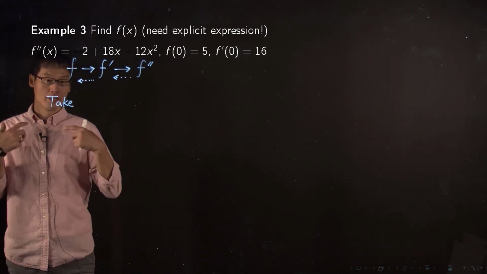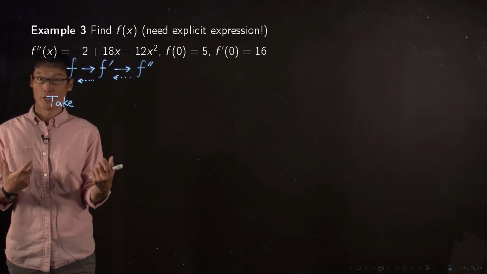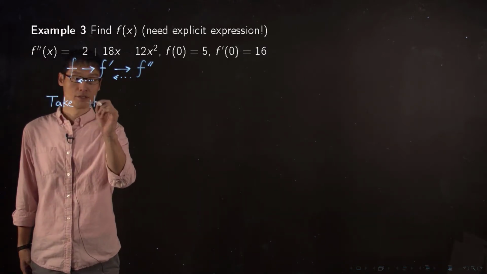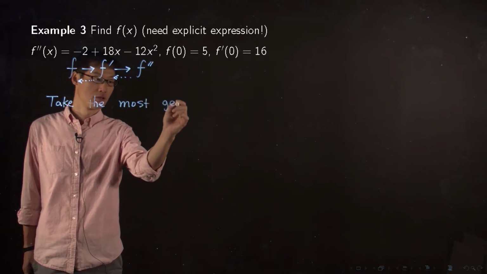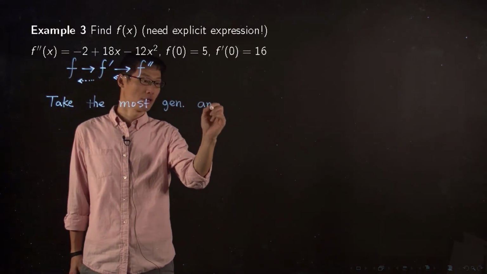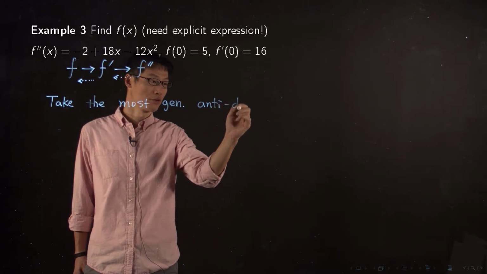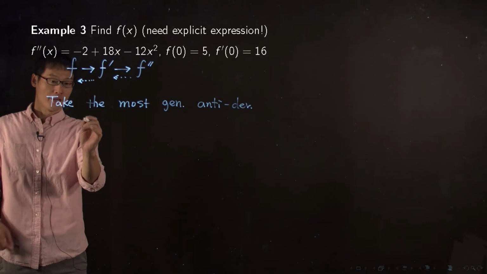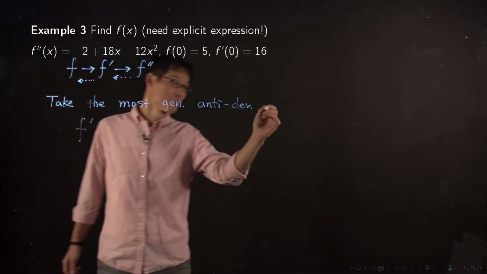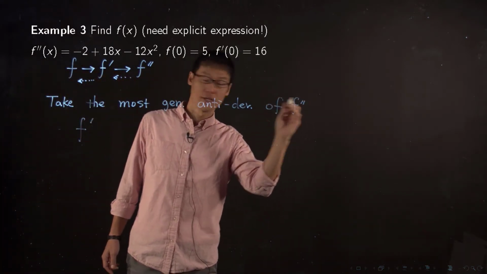We take the most general antiderivative. Then f prime, the antiderivative of f double prime.